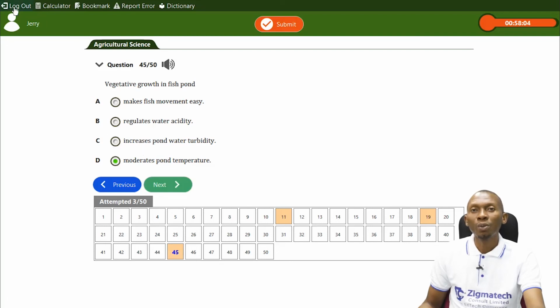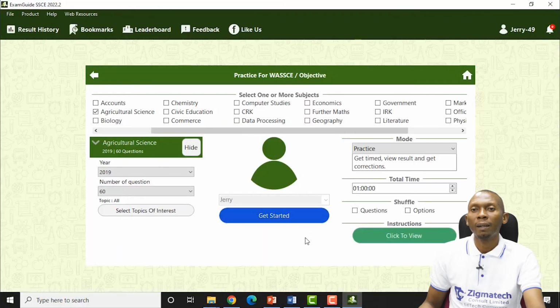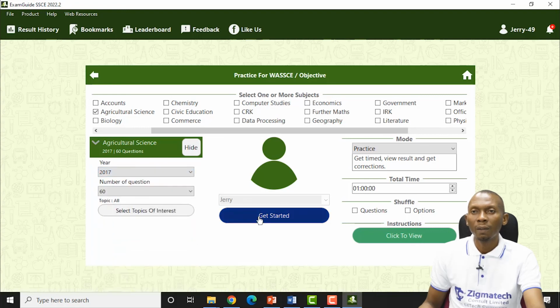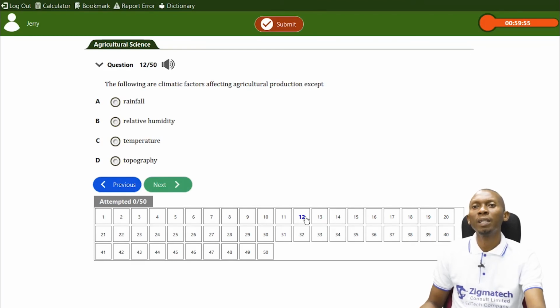So now let's go to 2017 and answer some more questions. This question says, the following are climatic factors affecting agricultural production except, remember the climatic factors fall under the abiotic components, which are the non-living components, and I mentioned some climatic factors.